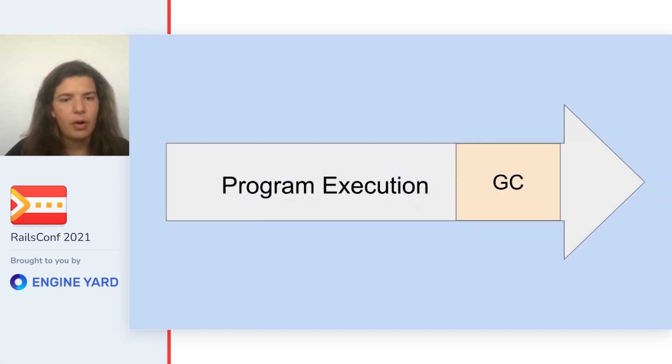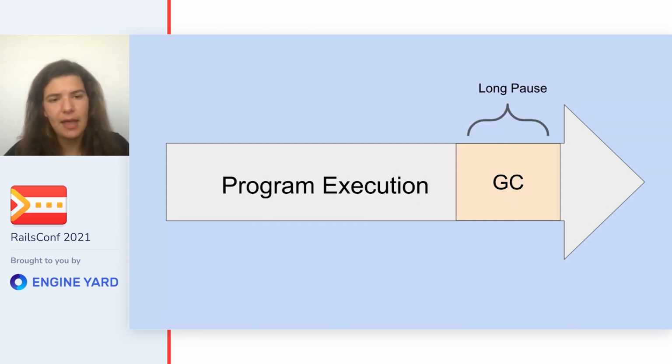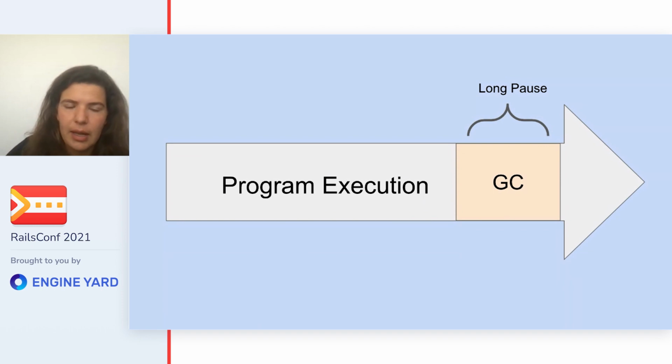So if you imagine your program executing, you can think GC is fully pausing this, and that's actually quite a long pause, right? You could imagine for a really long program, this pause could get pretty long and debilitating.